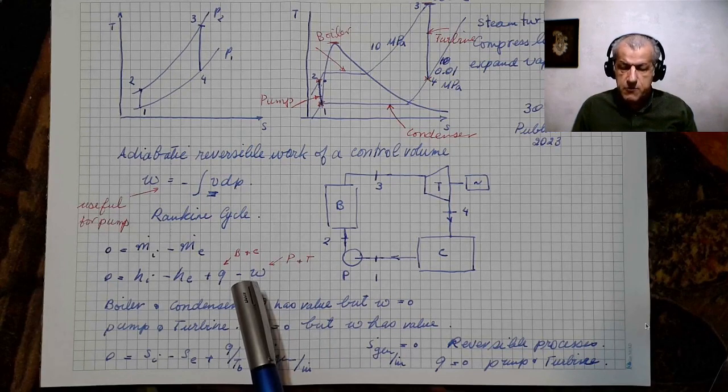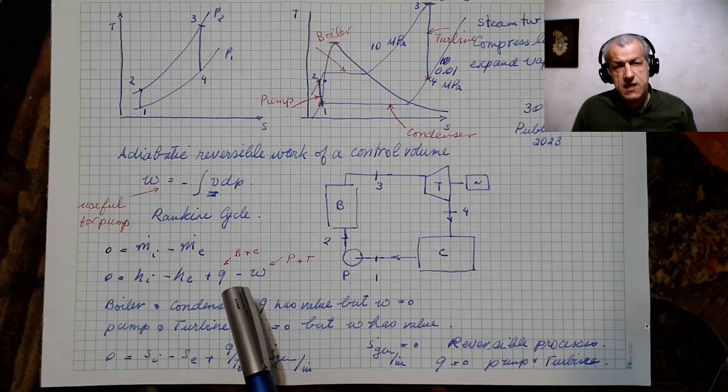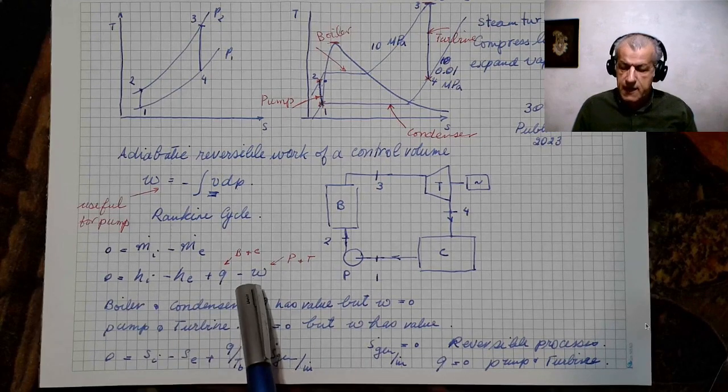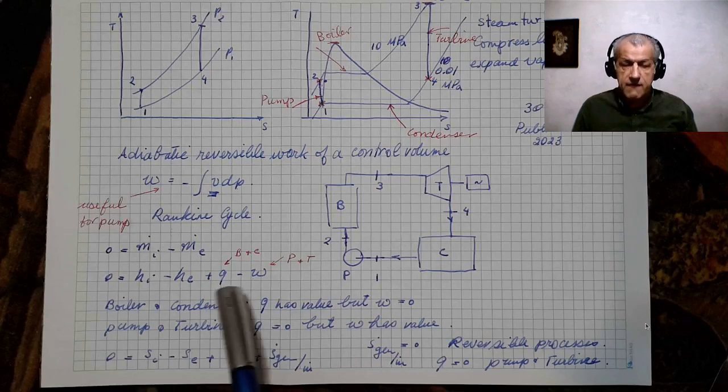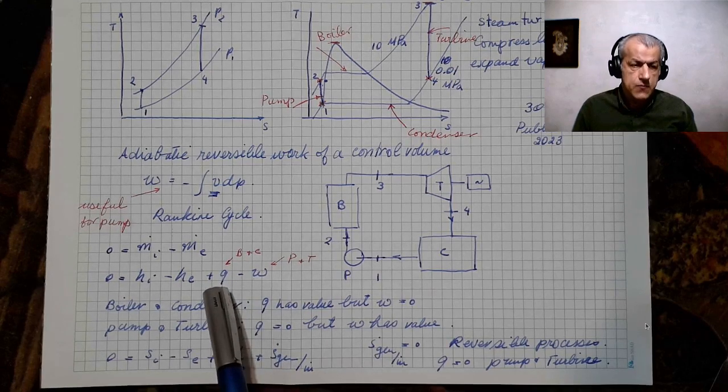Either there is a pump or turbine, where there is work but no heat transfer, or a boiler or condenser, where there is heat transfer but no work. So the story is very simple. This is our equation: we either have Q and not W, or alternatively, we have W and not Q.